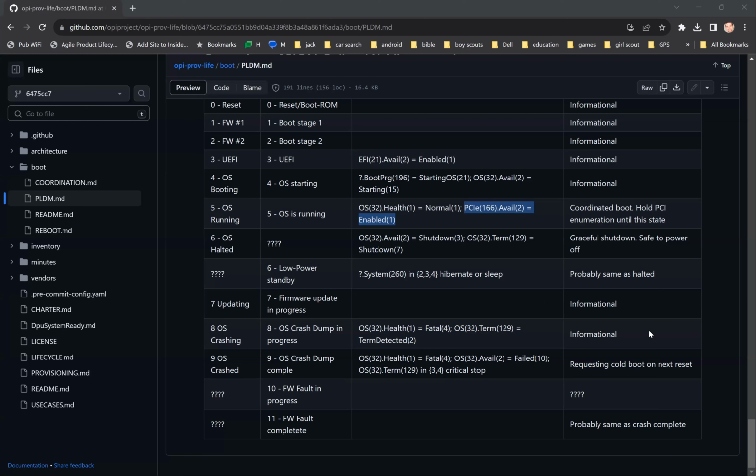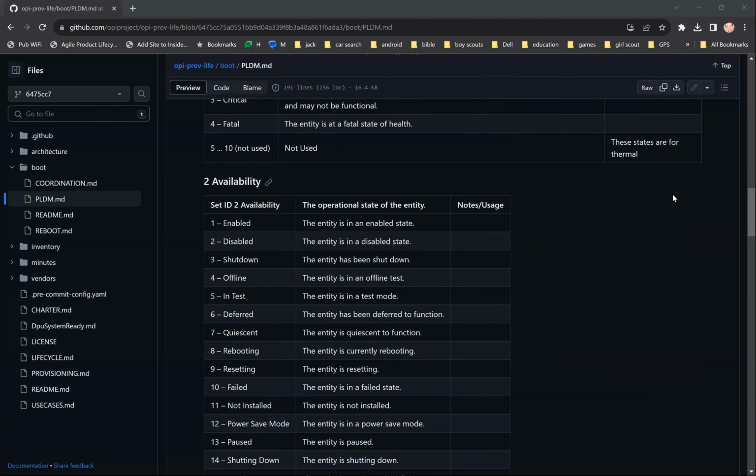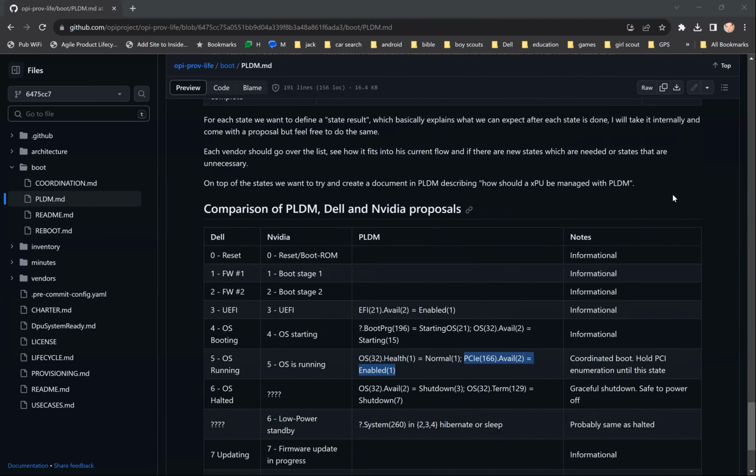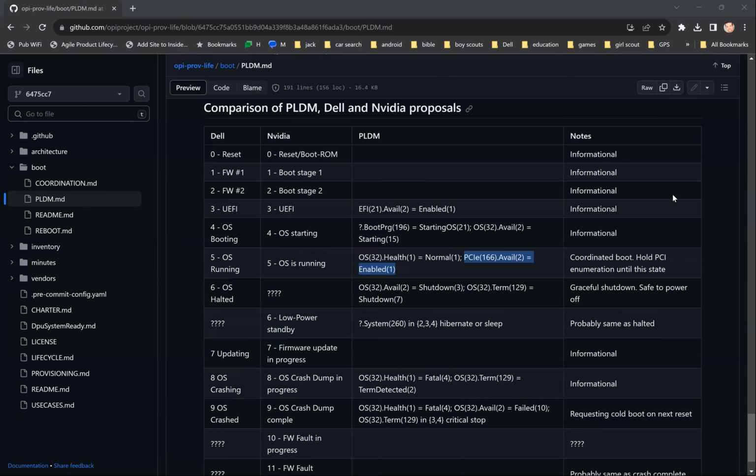And maybe in a similar statement in number 4, to hold. Well, maybe all of those, right? All of those initial states, it's basically holding off the PCI enumeration.